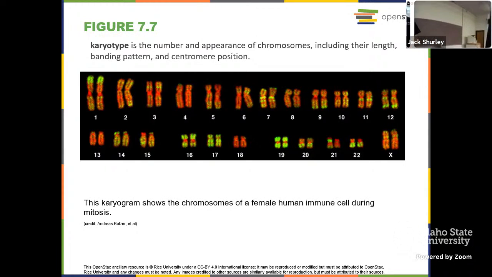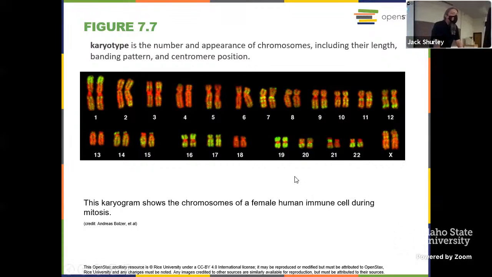I will give you an example of that in just a second, or maybe not always, all right? So 1 turned on, 1 turned off. The one that's shut off, we call those bar bodies, all right? A bar body is just this little X chromosome that's been taken out of commission. And you can see these things when you're looking at other, you know, not a karyotype, but other genetic stuff.